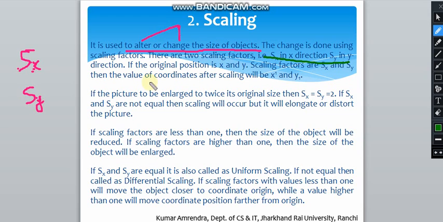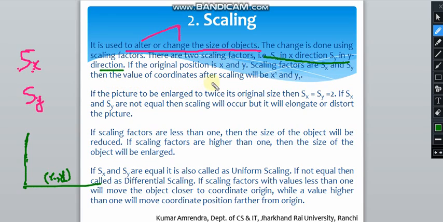If the original position is x and y, let's suppose we have one point, x comma y, and we have to scale it with scaling factors Sx and Sy.